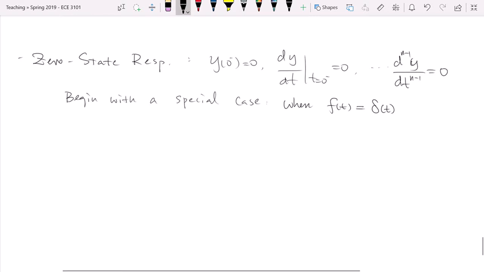You just touch or give an impact to the system, characterized by delta t, our unit impulse function, at time 0, and see how the system will respond to that.